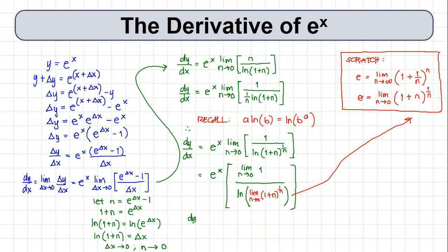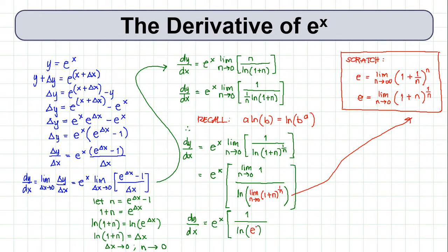Therefore, yung ating dy dx is equal to e to the x, di ba? Times. Ano ang limit ng 1 as n approaches 0? It is equal to 1 kasi wala naman tayong papalitan dyan. And dun sa baba, lumalabas na ln of e yung ating pinalit na expression dun sa limit, no?